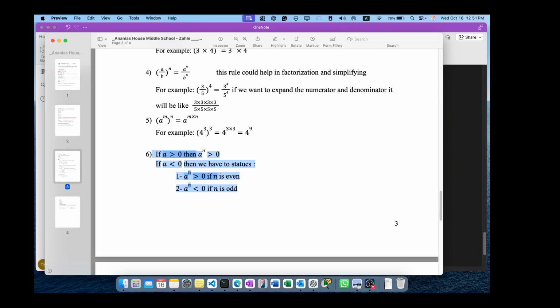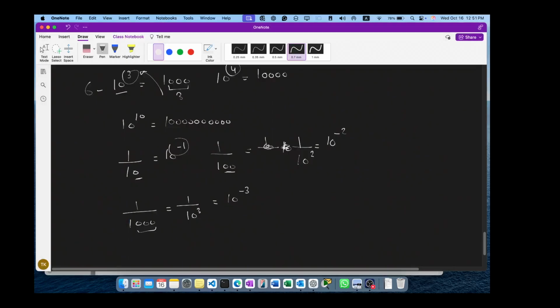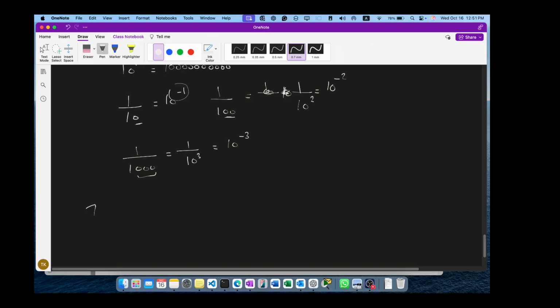Let's talk about it. If a is greater than 0, then I have a power n greater than 0. What does it mean? I will call it the seventh rule.